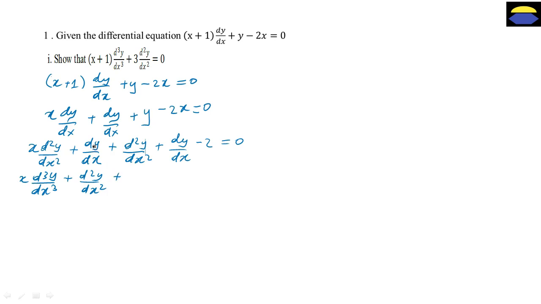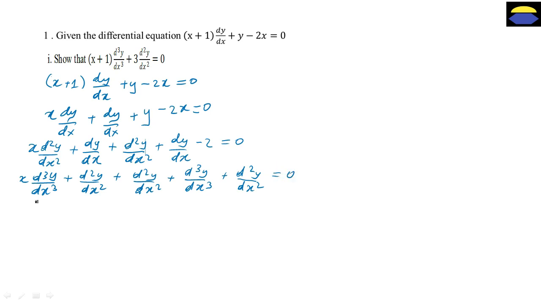So plus differentiating this one, we have the second derivative, plus deriving this, we have the third derivative, plus the second derivative for this one, and this 2 is just going to give us a constant, so this is 0.